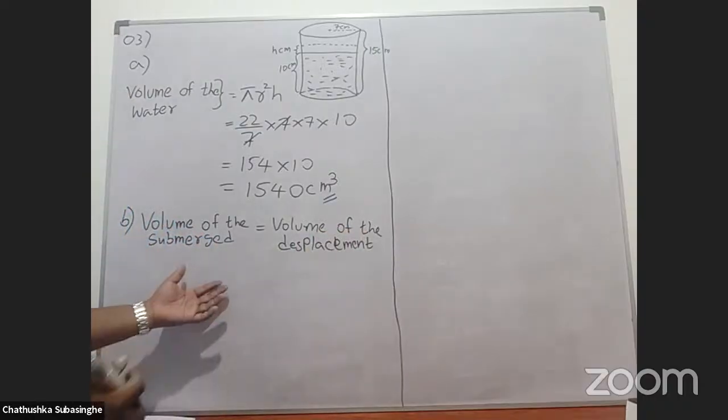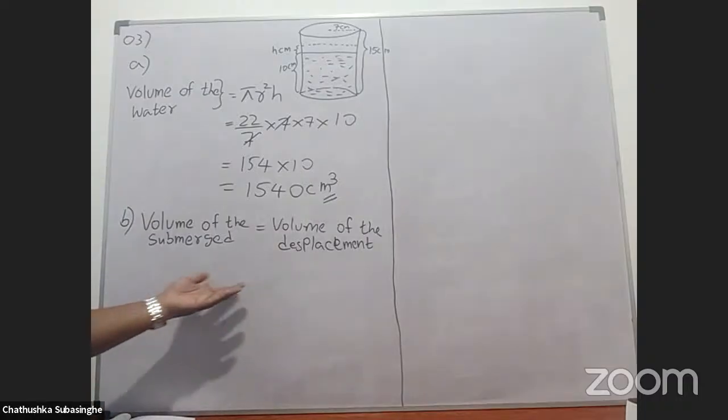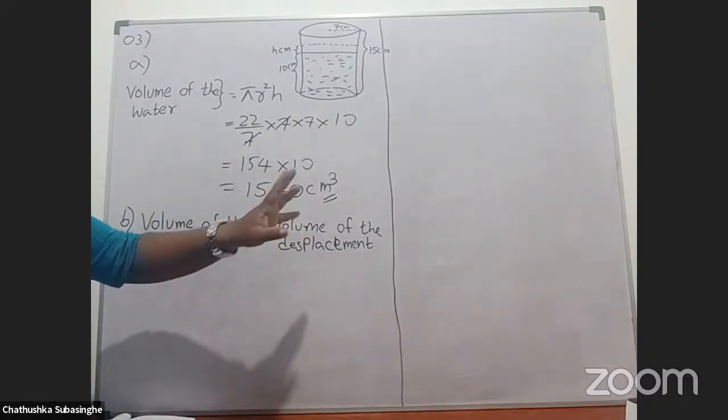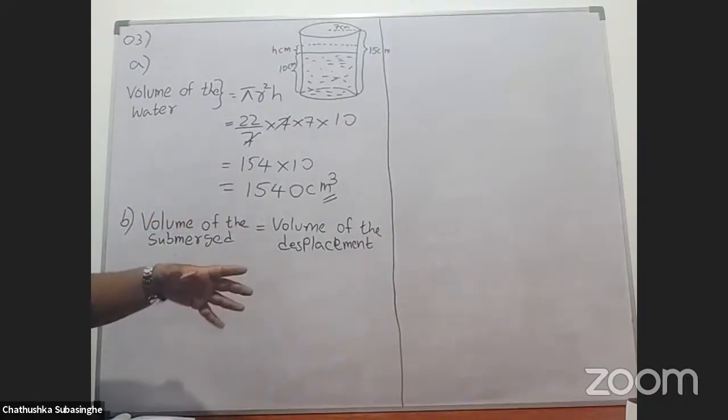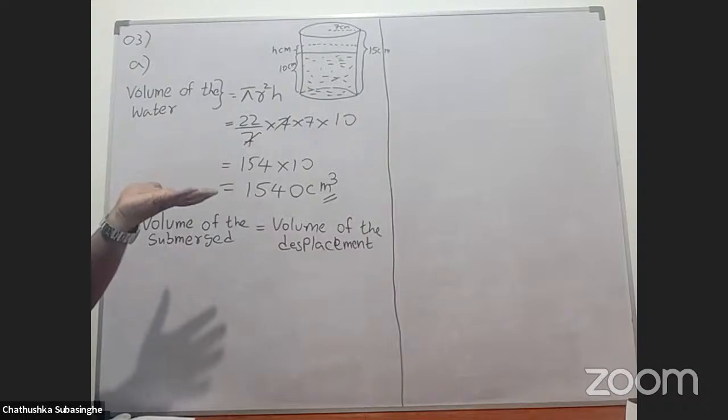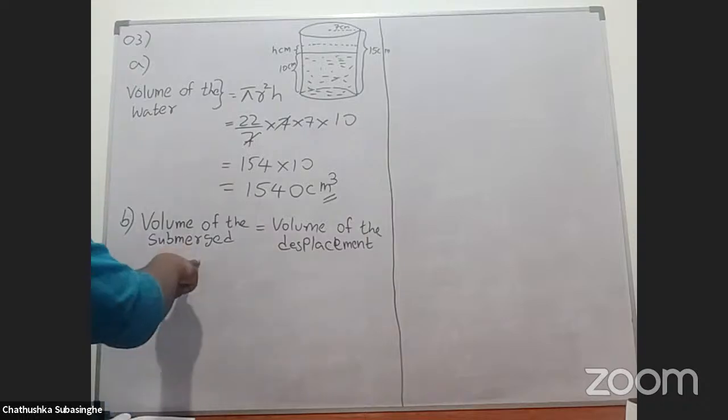Right? So always write this logic. As I told you, earlier we melted and created new things. Now we submerge things and then the water level comes up. So the volume of the submerged.